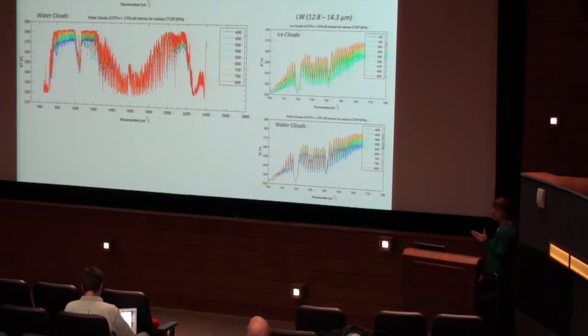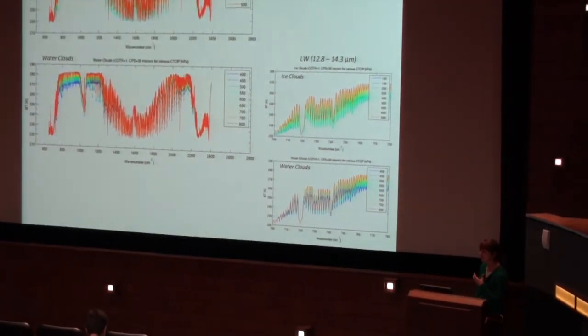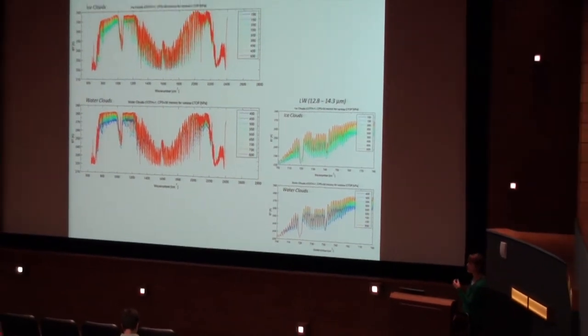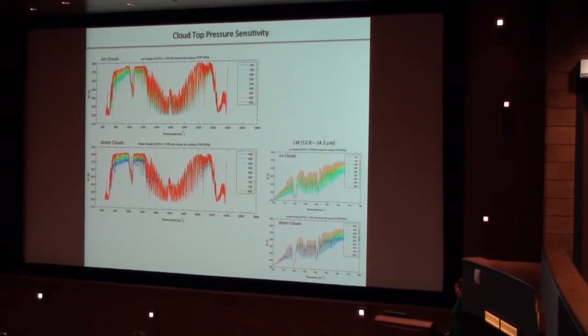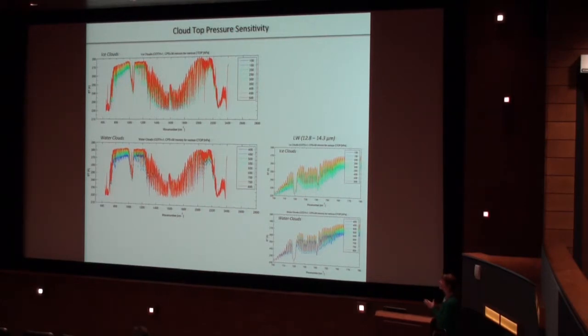From the previous slide, we already see that there's a lot of information contained in infrared spectra about cloud properties. We can also look at sensitivities to certain cloud parameters. This is, for example, sensitivity to cloud pressure or cloud altitude, and I'm separating ice clouds and water clouds. These are simulated brightness temperatures for different cloud pressures.